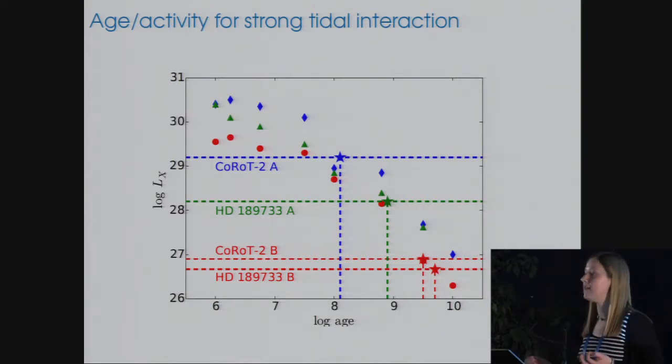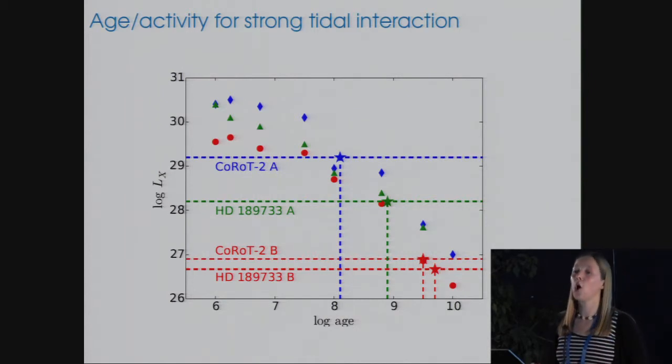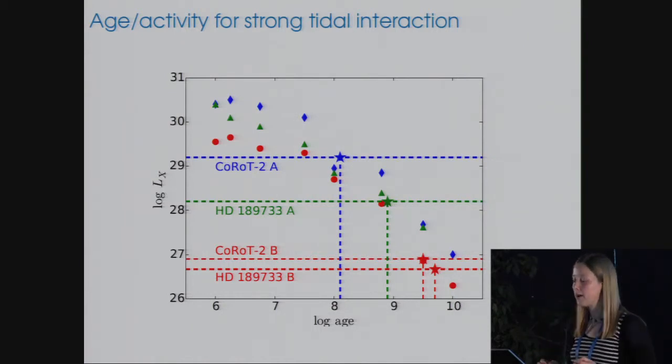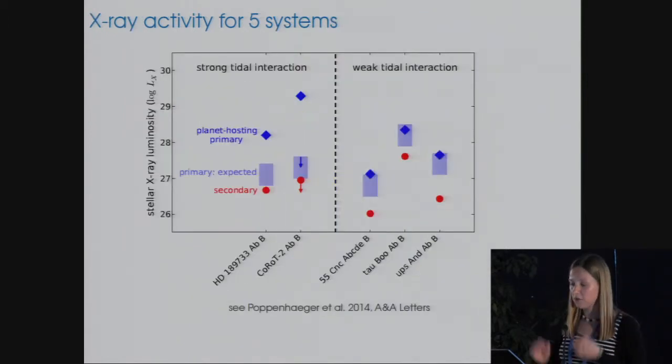So we are possibly seeing some manifestation of star-planet interaction here, in these stars being overactive compared to an actual age comparison that we can do with the secondaries in these systems. So if we show our 5 systems here, we have the X-ray luminosities of the secondaries in red, and the expected range for coeval primaries that host the planets in these blue boxes.